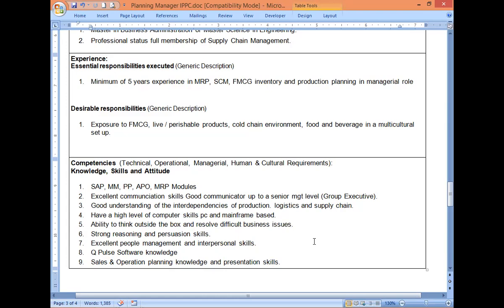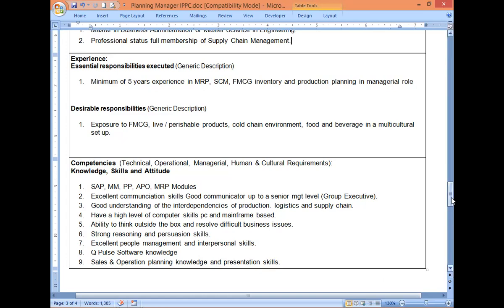A high level of computer skills, PC and mainframe based. Ability to think outside the box and resolve difficult business issues, strong reasoning and persuasion skills, excellent people management, interpersonal skills, QPOL software knowledge. That's what I was talking about earlier when I was saying about the QPOLs. That's a software for the documentation like SOP, and even the job descriptions are being placed in that software. Sales and operation planning knowledge and presentation skills.